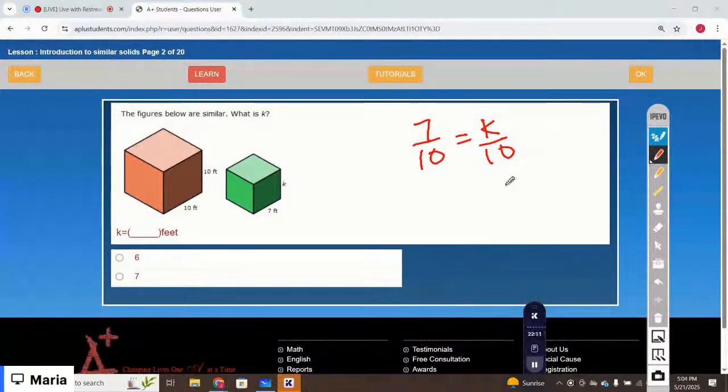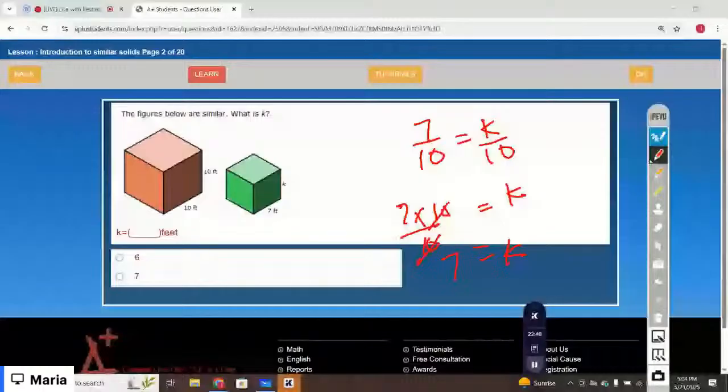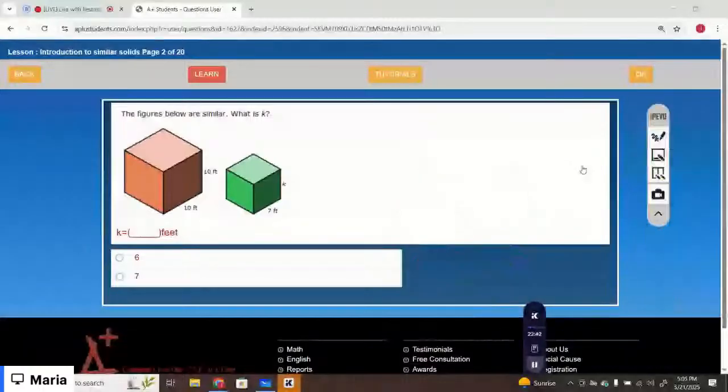So just solve it for K, that is 7 times 10 over 10, and then the 10s cancel out, so K equals 7. The correct option is 7. Option number 2 is the correct option, that is 7.